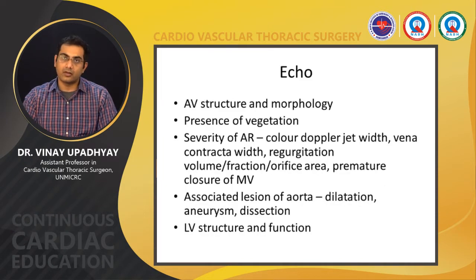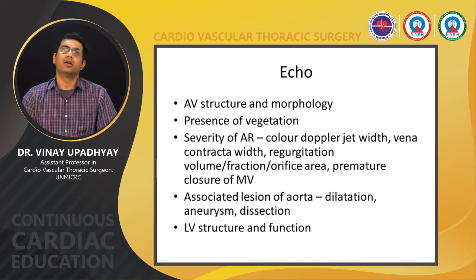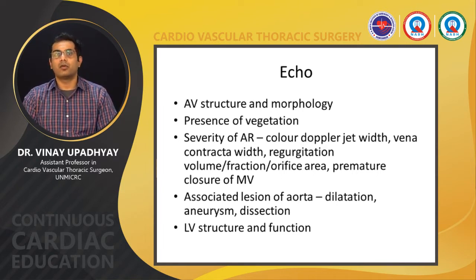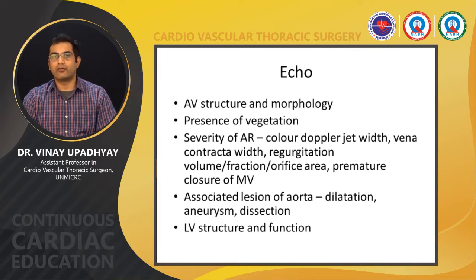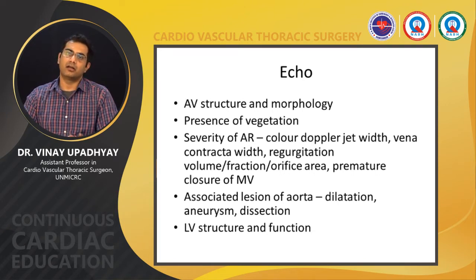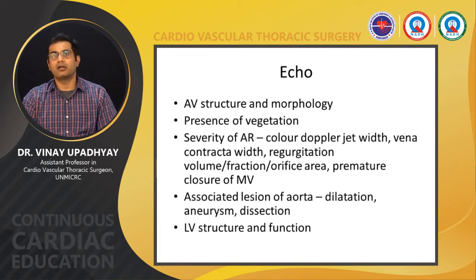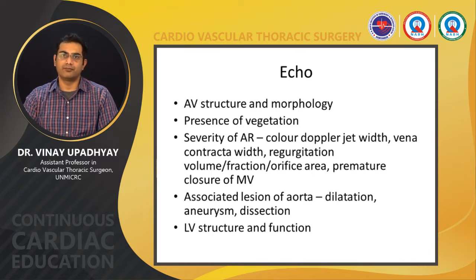For the assessment of AR, the main diagnostic modality is echo. In echo, we assess the aortic valve structure and morphology, any presence of vegetation, and we assess the severity of aortic regurgitation. We assess severity by color Doppler jet width, vena contracta width, regurgitation volume fraction, or orifice area.